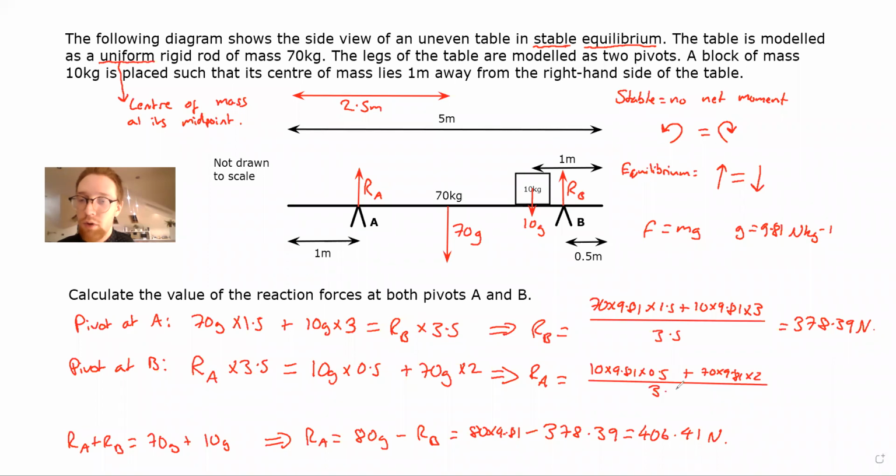And that is equal to, let's take a look, 406.41 newtons. Exactly the same result as we got from the equilibrium approach, which shouldn't surprise you, or maybe shouldn't surprise some of you, but it's good to see that both of the methods do match up and give the same result.